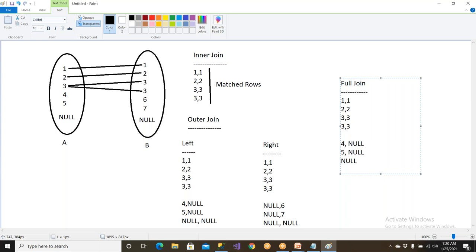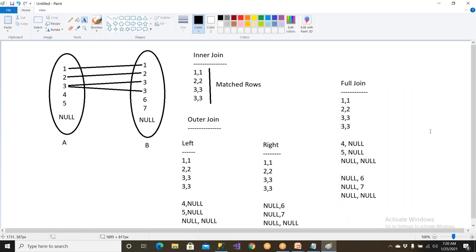For this null, there is no matching record, and you will have 6, 7 and null. Clear? For 6 there is no matching data this side, you will get null. For this one there is no matching record, and for this null there is no matching record. So this is what is called full join.